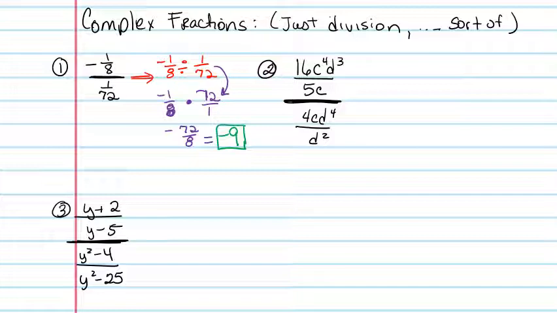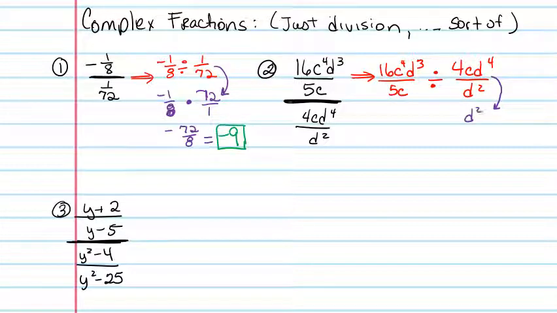Again, if you need to stop the video, please feel free to do this. This is really 16c to the 4th d to the 3rd over 5c divided by 4cd to the 4th over d to the 2nd. And in division, to divide by a fraction, we flip it and change it to multiplication.